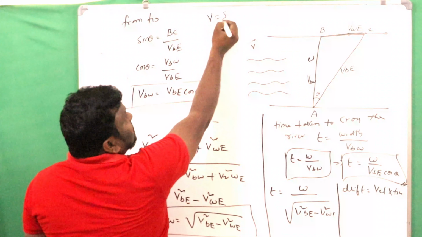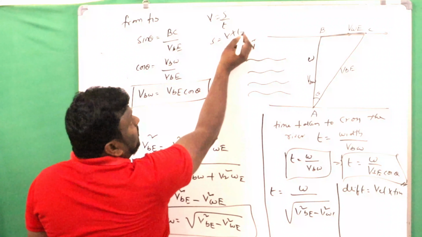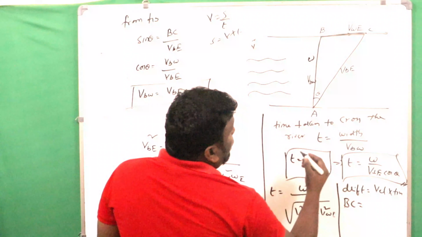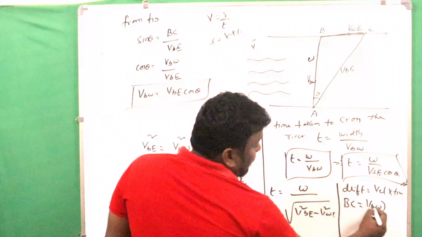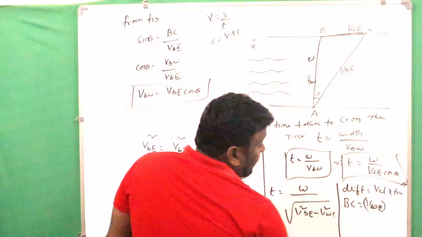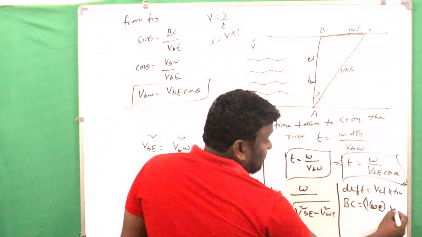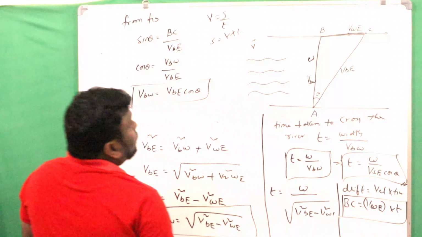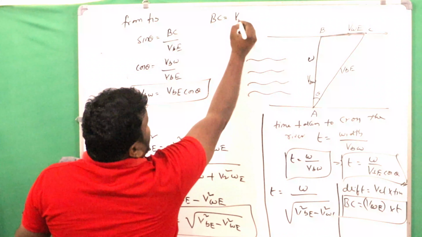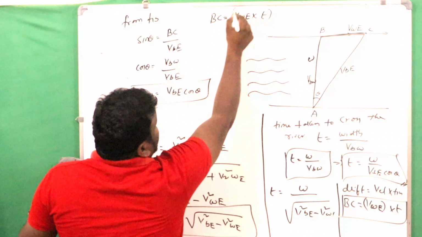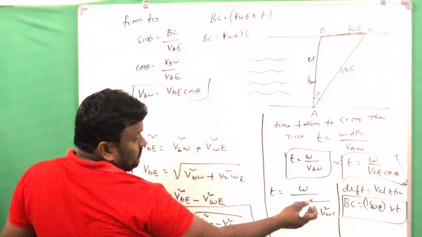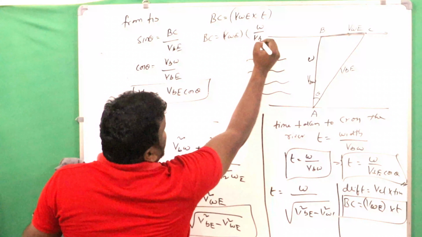Same formula: V is equals to S by T, then S is equals to V into T. In the same manner, here drift BC is equals to velocity of the water with respect to the earth or ground, VWE, into time T. So drift BC is equals to VWE into T. And T is W by VBW.